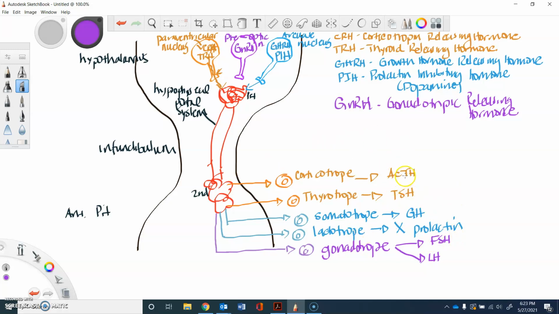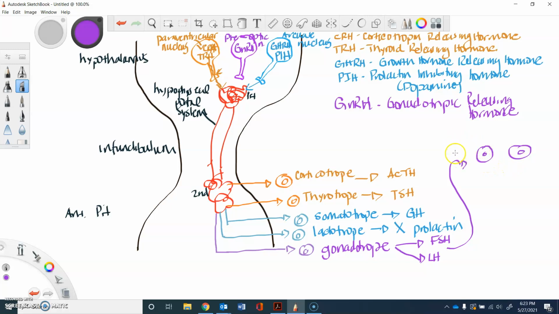All these hormones, of course, are dumped into the systemic circulation in the blood. So the gonadotrope, how does this one releasing hormone release both FSH and LH? Because we don't always need the same amount of those hormones at the same exact time. So basically the gonadotrope, if we look at it up here, so here's a gonadotrope, here's a gonadotrope.